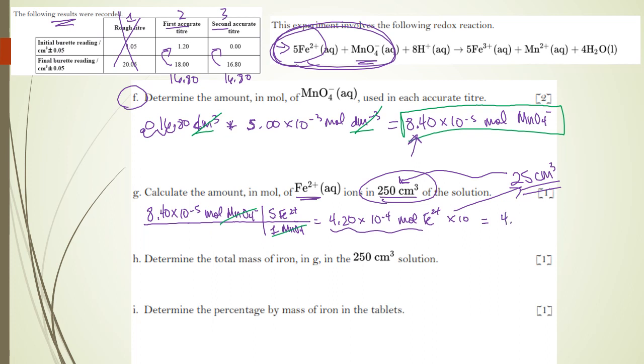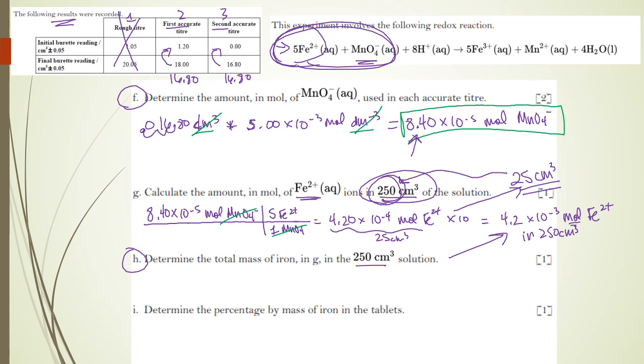So that's going to give us 4.2, I'm going to keep just 2 sig figs this time since I have this 250 in here, times 10 to the minus 3 moles of Fe2+ in my 250 cubic centimeters. This was only in 25 cubic centimeters. So far, so good. All right, so now let's figure out the mass of the iron that we have in those 250 cubic centimeters. That's super easy.